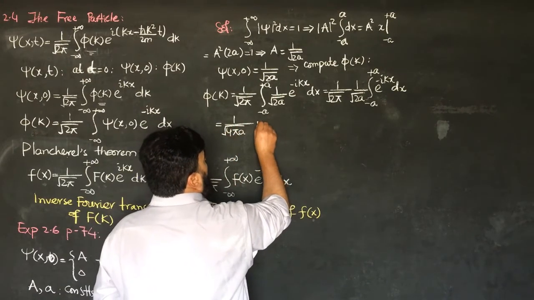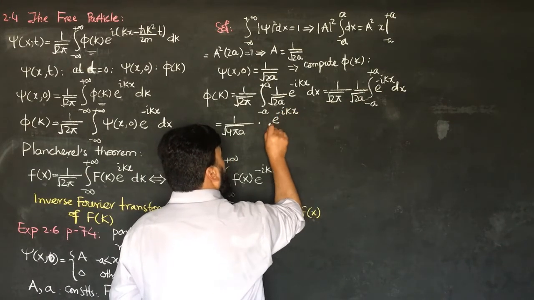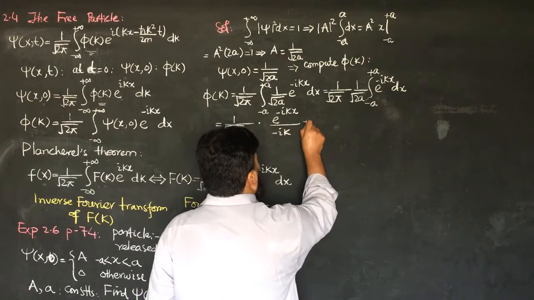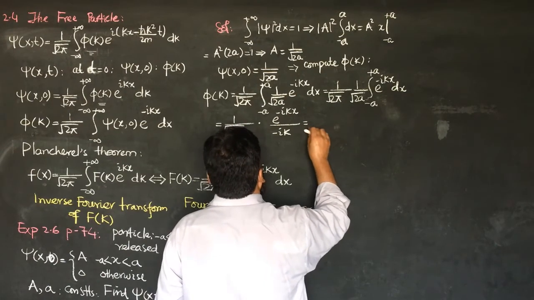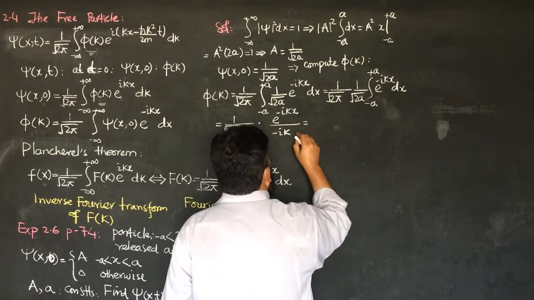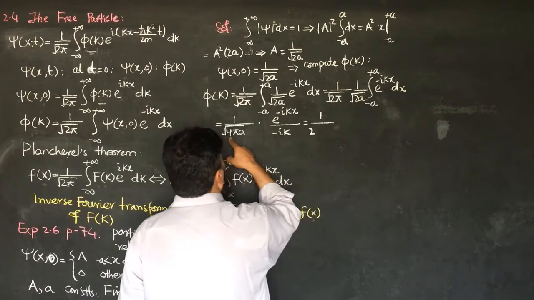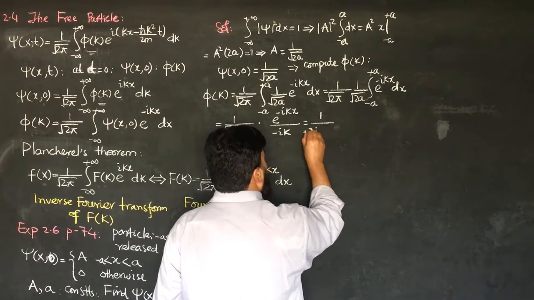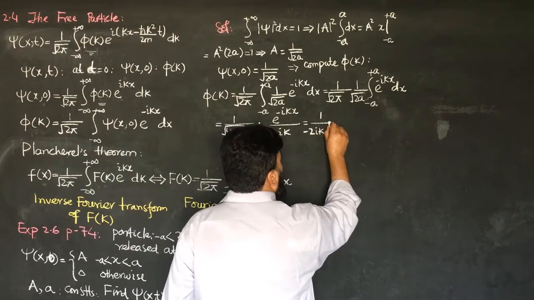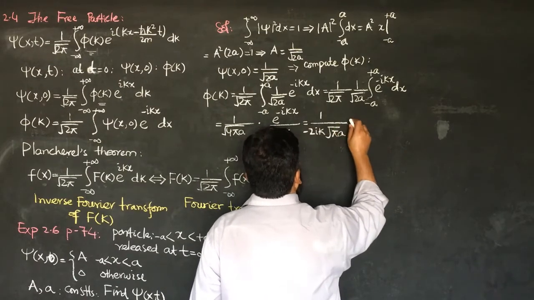and from this will be e to the power minus i kx divided by minus i k. So let me put the limits, and we will have 1 over minus i k out. So I can write 1 over 2 will be out, and then minus i k and square root of pi a, and then we will have the limits in this.